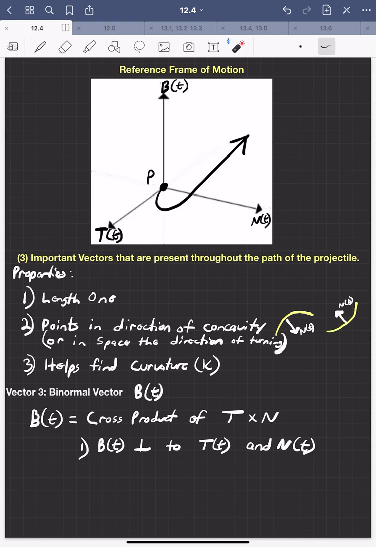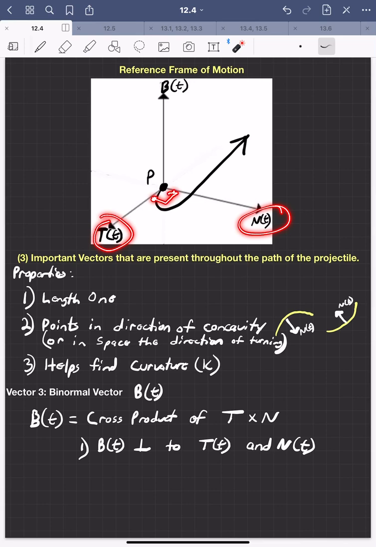Let me say just a couple quick things before we start trying some examples. You will notice that, back to just looking at T of t and N of t, they are orthogonal to each other.